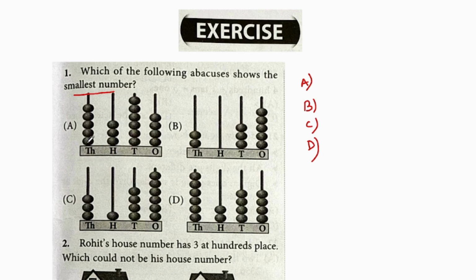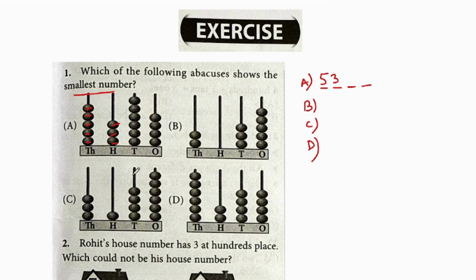What is the number given here? As I have told you in the practice video, as many figures are given at the place, you need to write that. So at the thousand place, how many figures are there? 1, 2, 3, 4, 5. So 5. Hundreds place, 1, 2, 3.